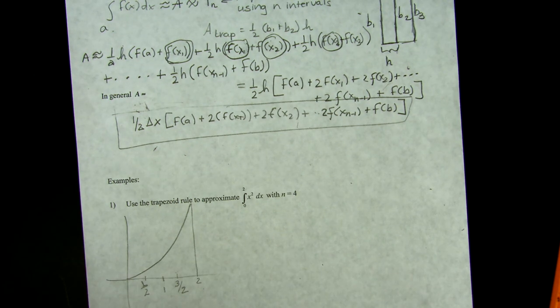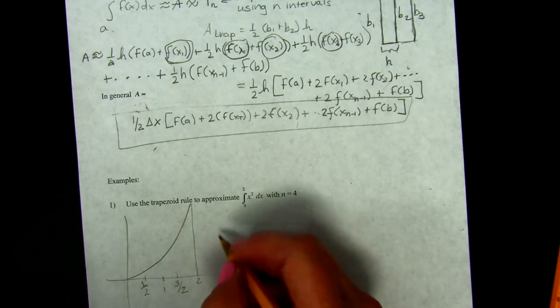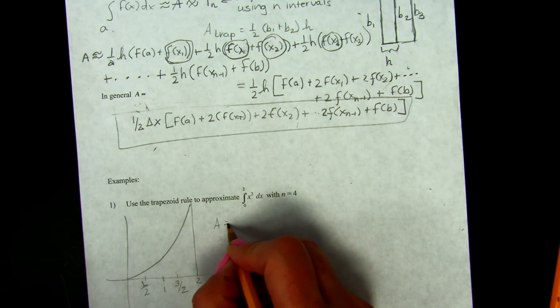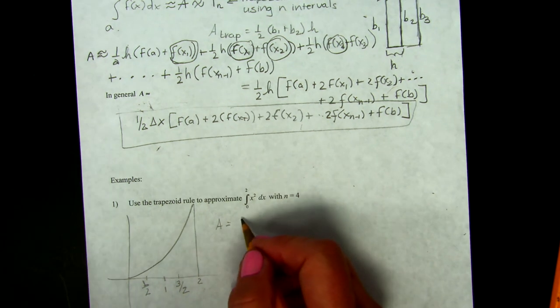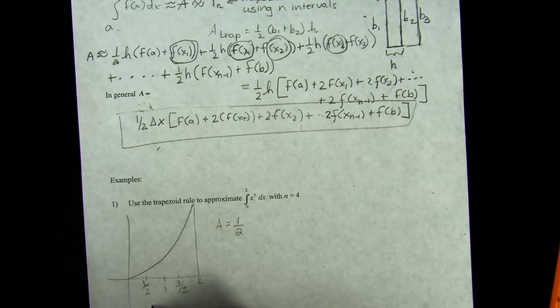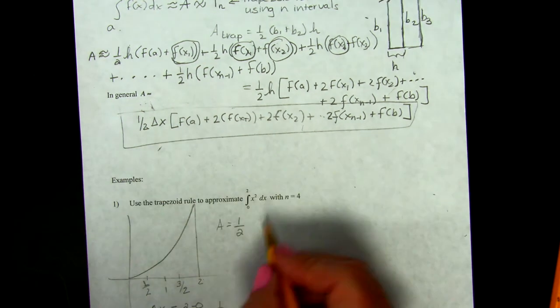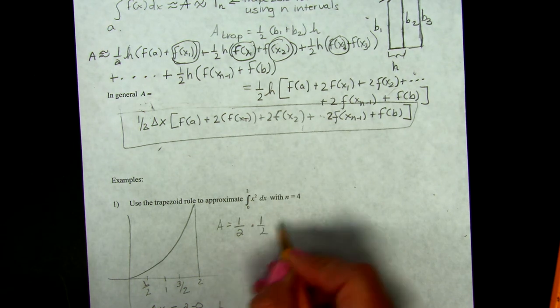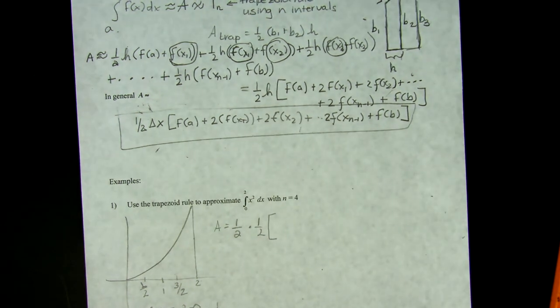And let's go and find the area of this trapezoid. So it's going to be 1/2. Delta x is 1/2, okay, because delta x is 2 minus 0 over 4, which is 1/2. So delta x is 1/2 times all f of a.